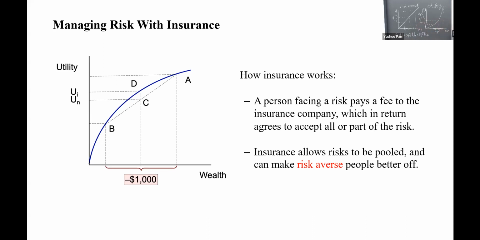If I do not buy insurance, this is the expectation of N, where N stands for no insurance. That's my expected utility in the scenario where there is a 50% chance I lose $1,000. After the calculation, you can find that point C is the expected utility without buying any insurance.